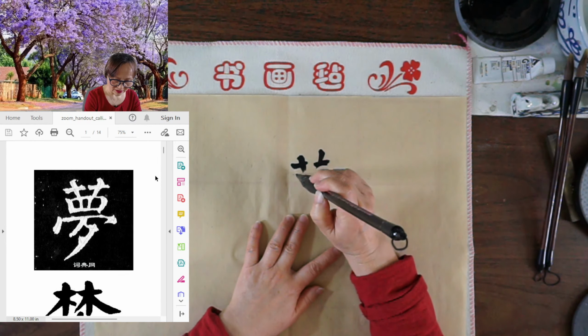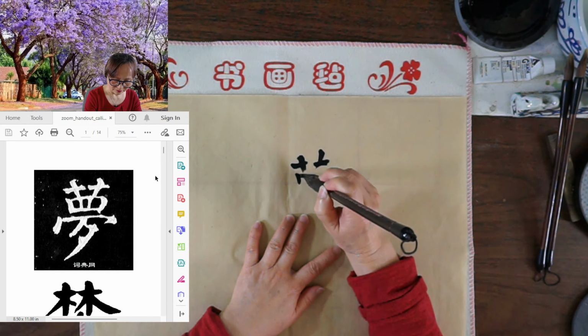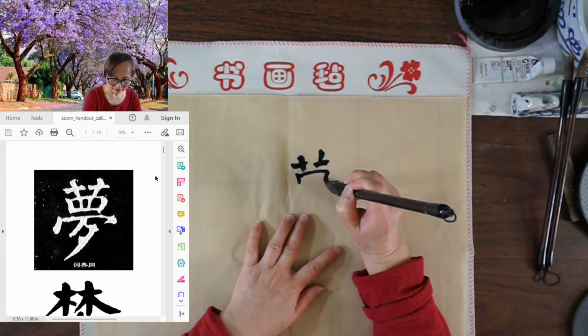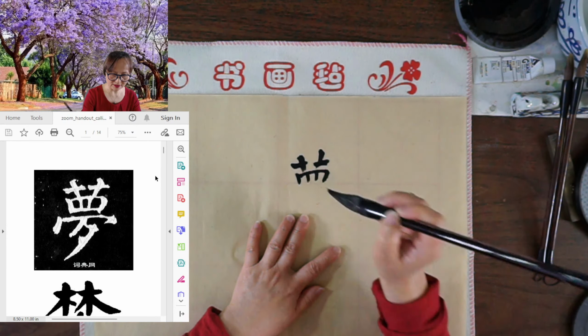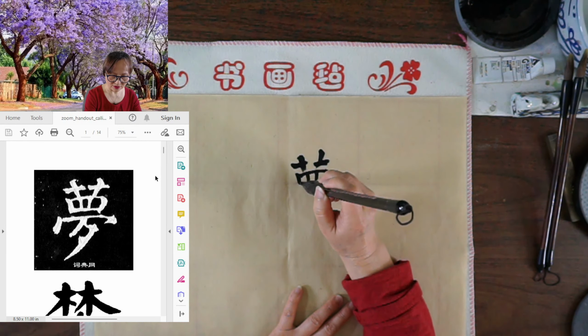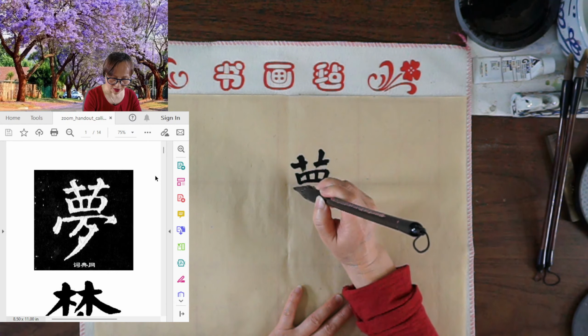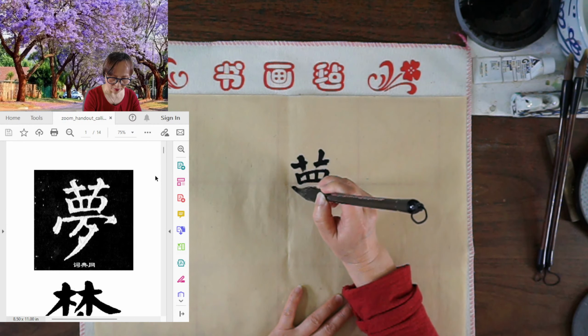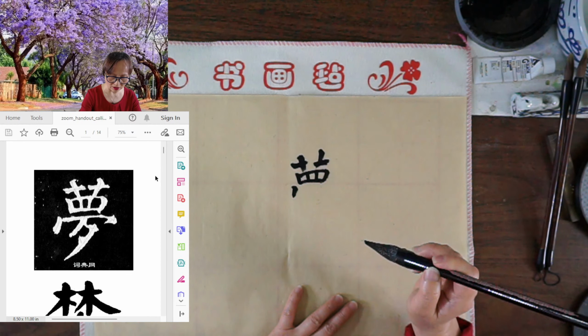And then this part, two strokes inside, and then to seal it. And continue. This part seems like the roof, but we call it no dot on top, right? The roof radical with the dot on top.